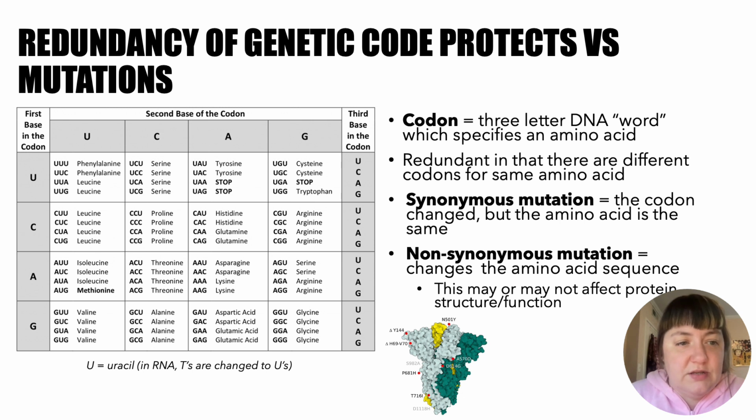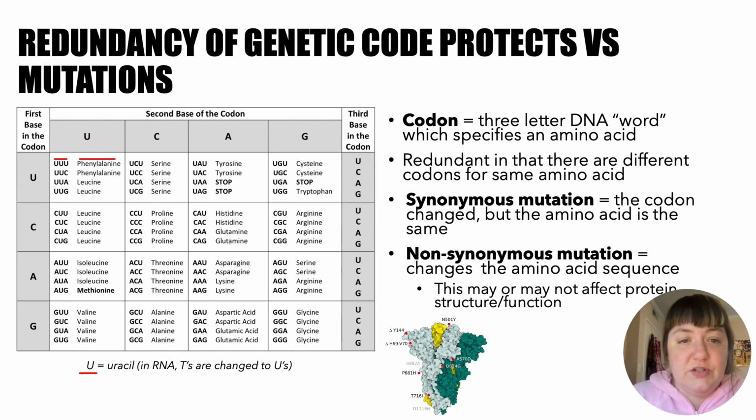It shows you, for the different codons you can have, what amino acid will be specified by that code. Note, this table is written in RNA, and in RNA, the T's are changed to U's. So if the DNA says TTT, then the RNA will say UUU.